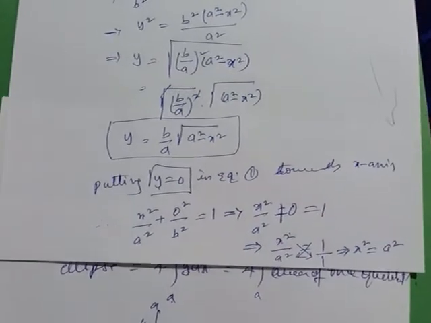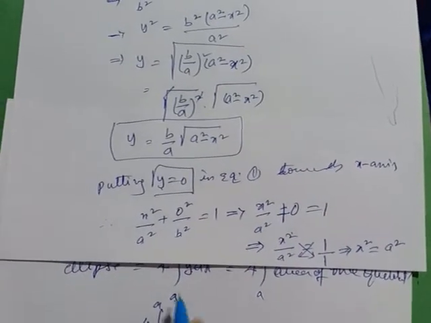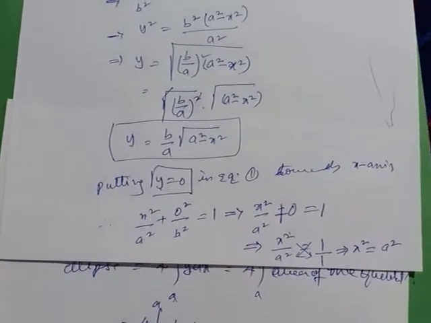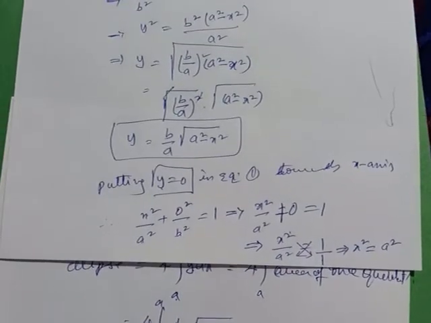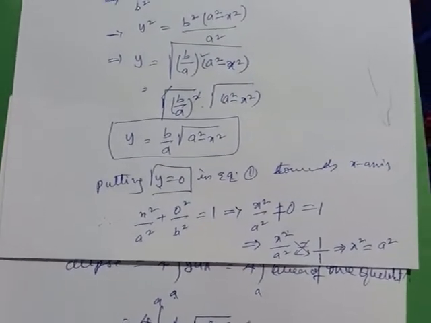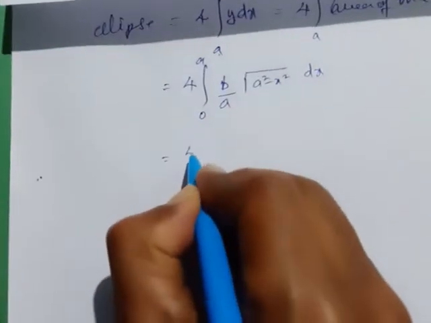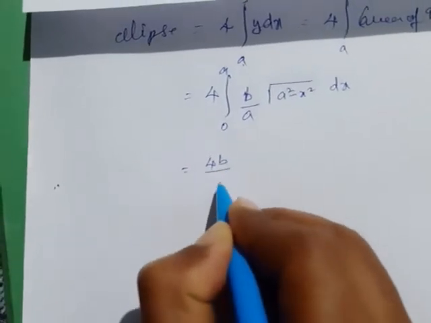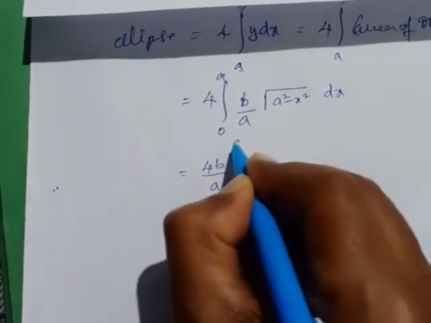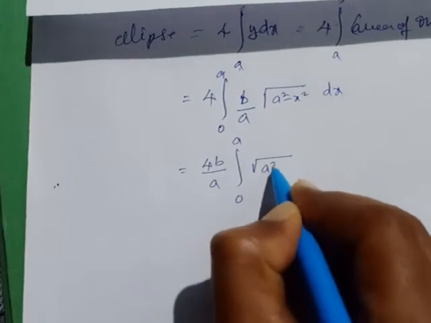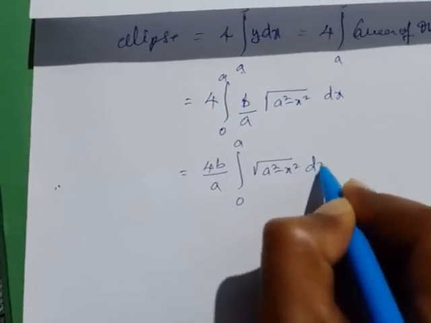So 4 into b by a under root a square minus x square into dx. Here b by a is constant, take it outside: 4 into b by a, integral 0 to a, under root a square minus x square dx.